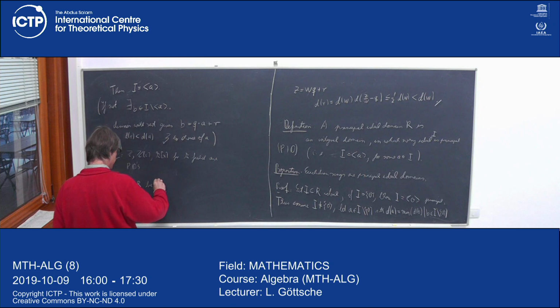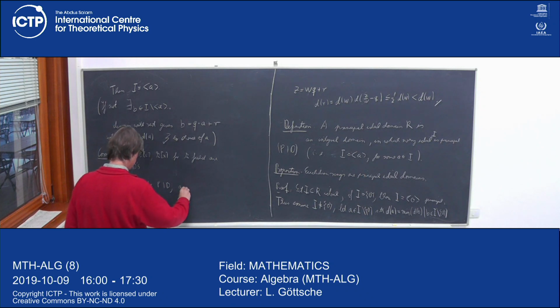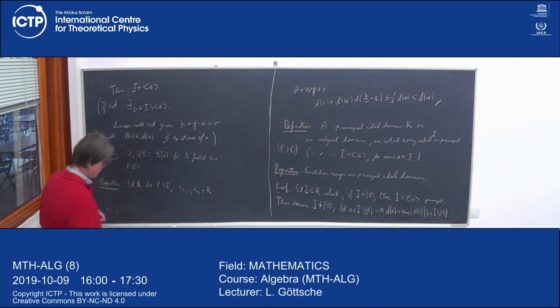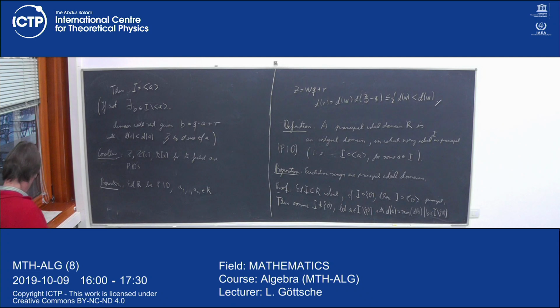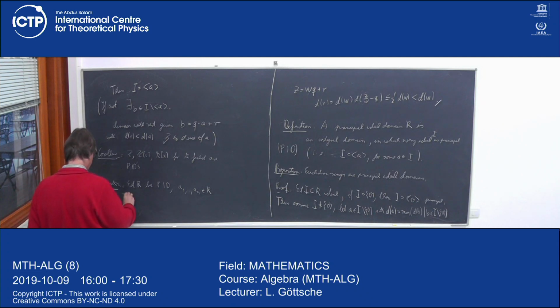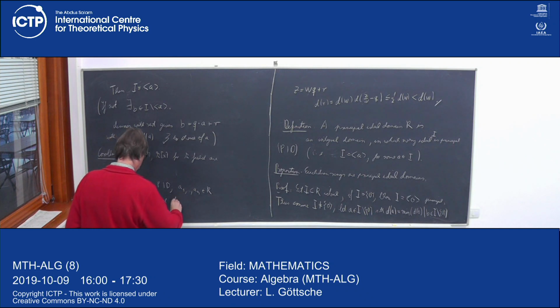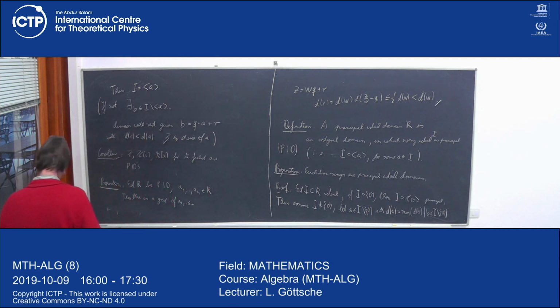We take some elements A1 to An and then there is a greatest common divisor of A1 to An.